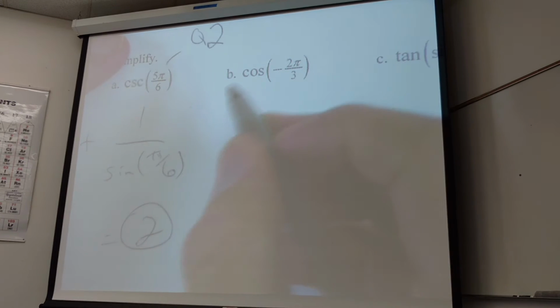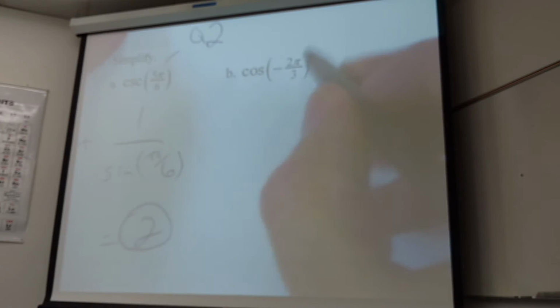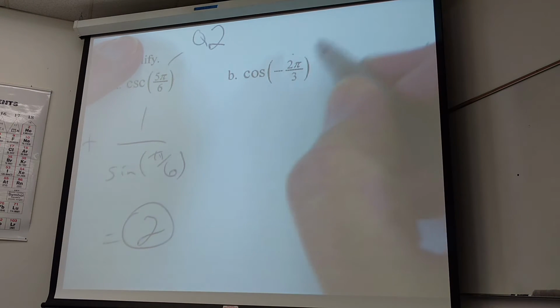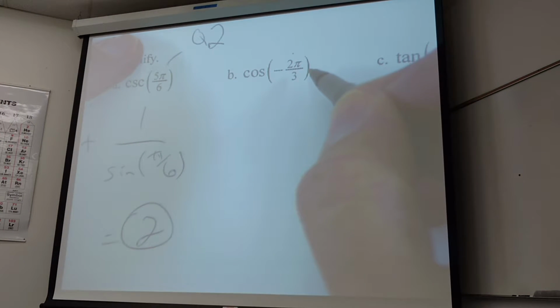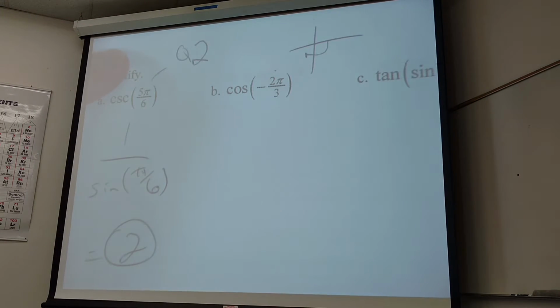And this one's not too bad. Cosine of negative 2 pi over 3. Isn't that almost pi back? That's pi over 3 away from being a full pi back. So I'm going to be in quadrant 3. I did hear a lot of you say quadrant 3, but I heard a few 2s and 4s.